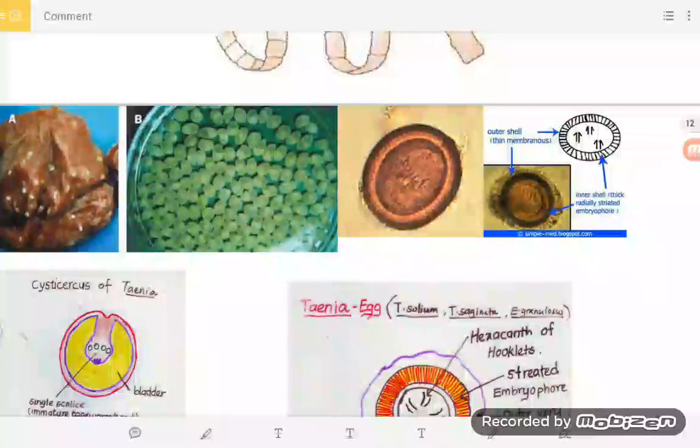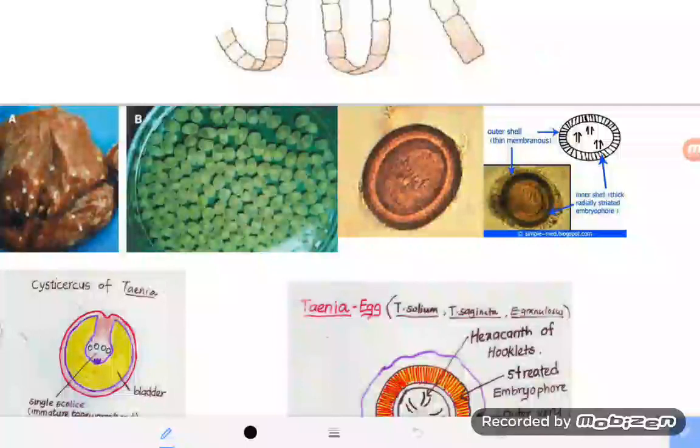The third picture, brownish in color, is the egg of Taenia solium. In the fourth one, you can see the dark brown color, which is the outer shell, a thin membrane. The inner membrane is the striated one, which we call the inner shell, radially striated.